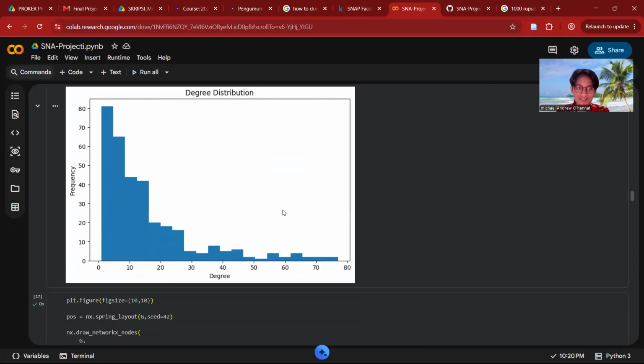Yeah, let's carry on. This is again the degree distribution. This is the frequency and the degree. So what does this mean?